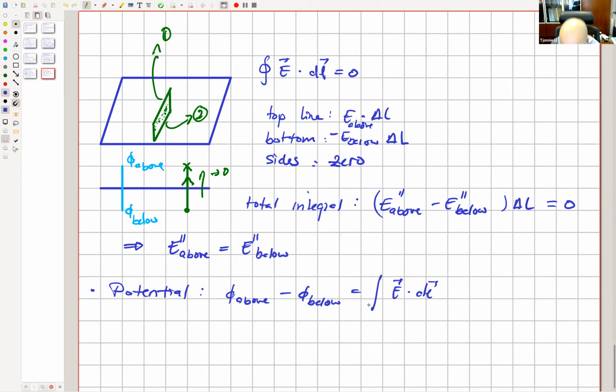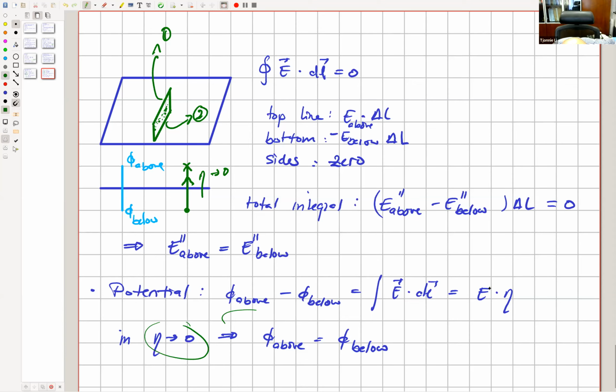In this case, the dl is given by this infinitesimally small size, so this is just E dotted with eta. So that in the limit, eta goes to 0, what we have is that phi above equals phi below, because this one goes to 0.